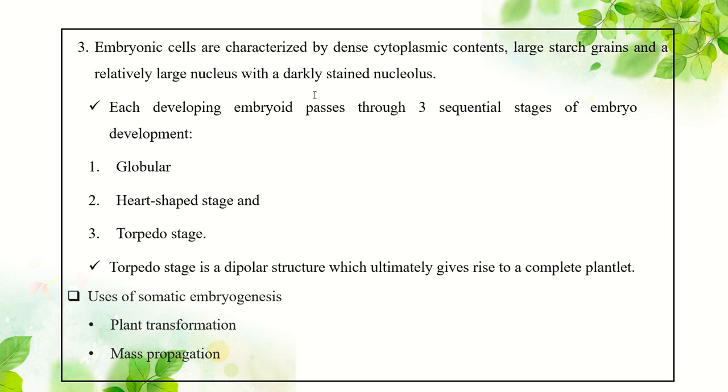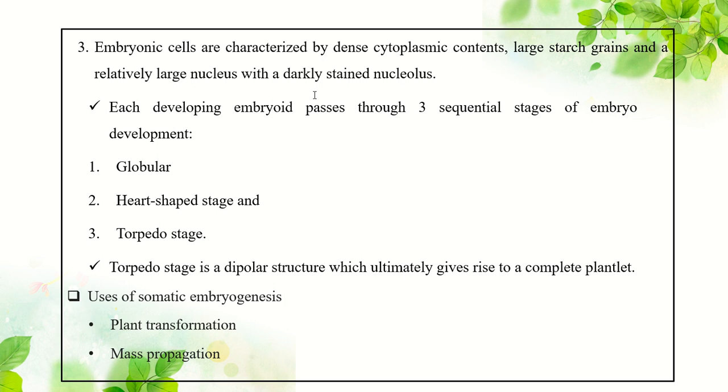Now, uses of somatic embryogenesis. Up to this point, you have to remember what direct embryogenesis is, indirect embryogenesis, embryogenic cells, and the stages of embryo development. Then, what are the applications, the significance, and the uses of somatic embryogenesis?